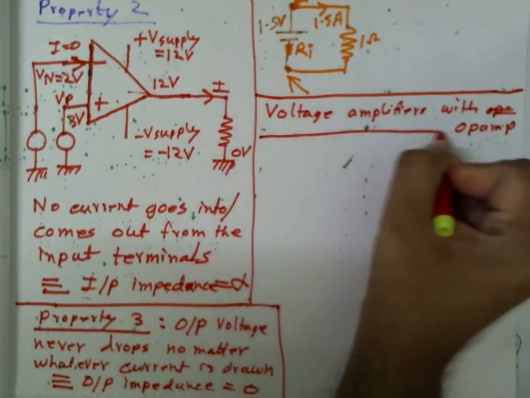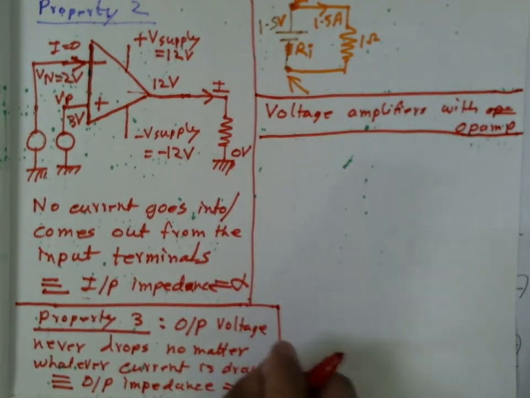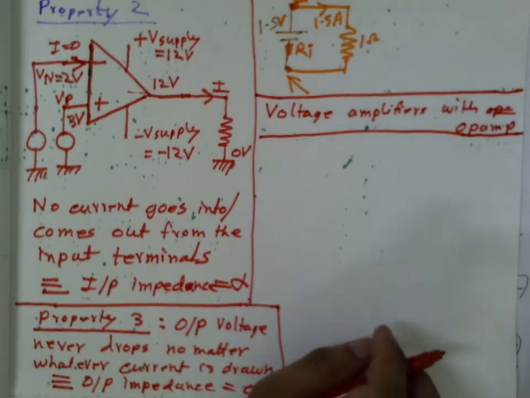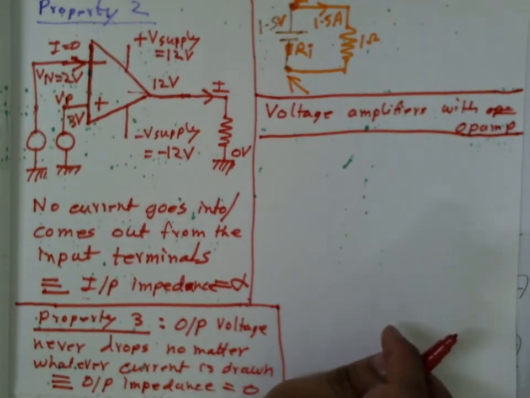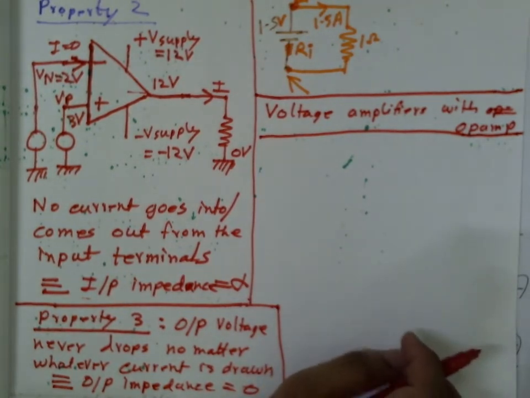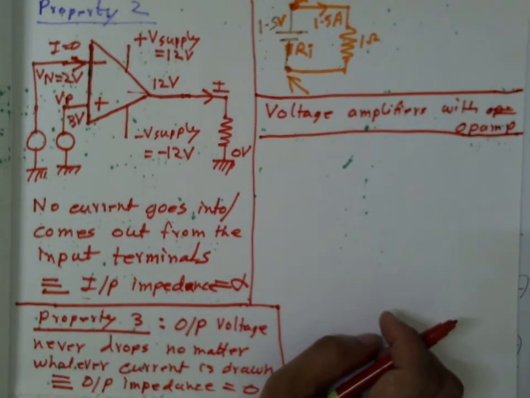Okay, so we can make many useful circuits. For example, voltage amplifiers are some examples of that. We'll see how to do that.